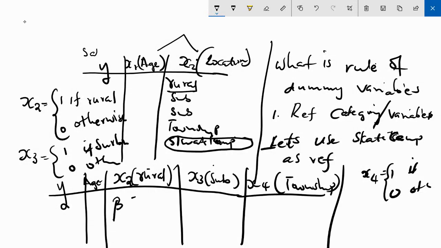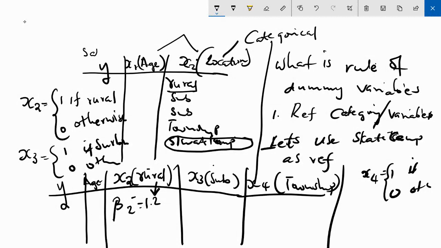So now the question from the leader is, how do we interpret maybe a beta here, beta 2, which is 1.2? How do I interpret this beta related to rural? Remember, rural is categorical. Assuming it's related to buying a house, and our figures are in thousands of dollars, you will say, holding constant the effect of age.